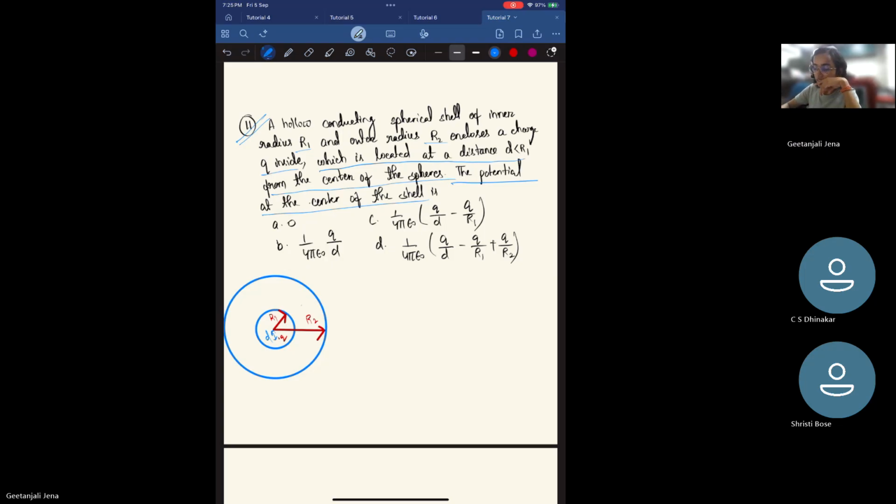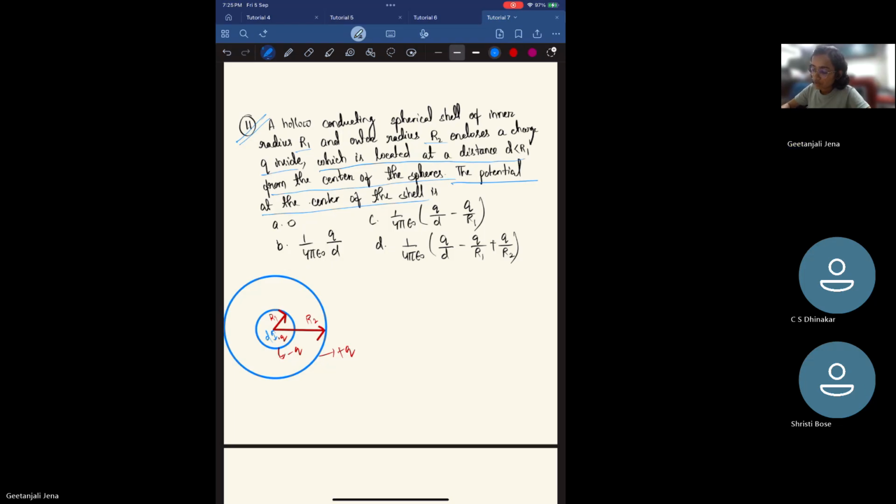If it is taking time, let me solve it. If you recall, if charge Q is inside this metal shell, then minus Q will be induced here and plus Q will be induced here. Now finding the potential is easy.